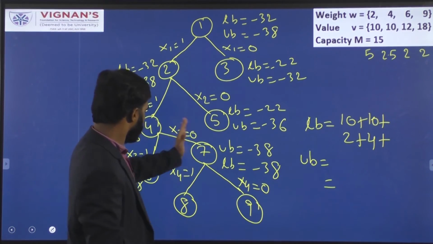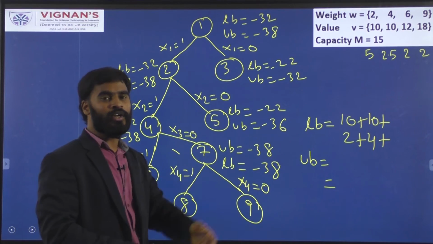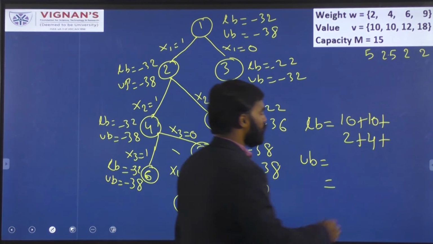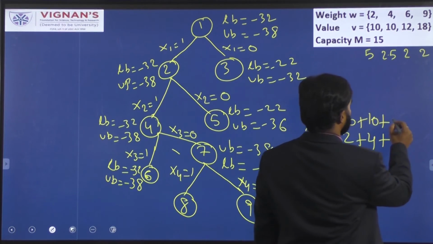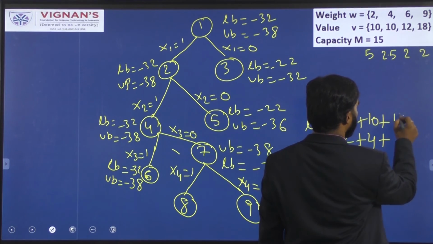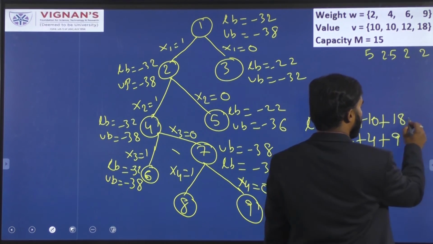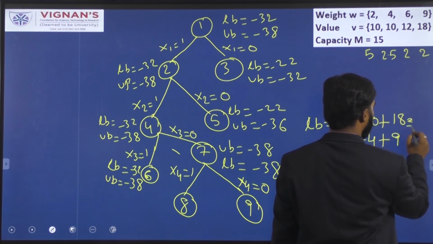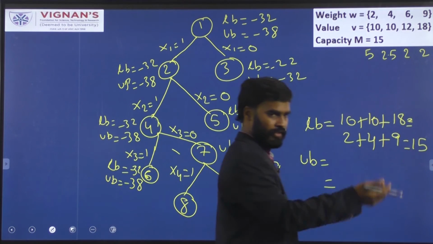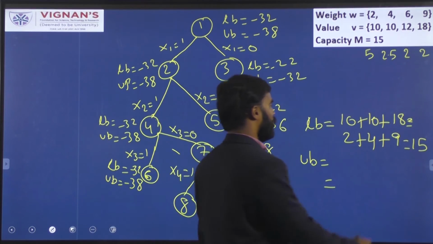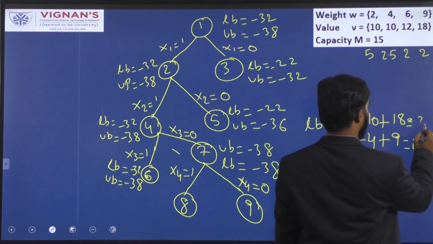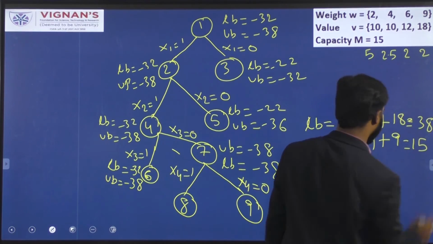Don't include item 3, but include item 4. Item 4 has value 18 and weight 9, and it is not beyond the capacity of the knapsack. The total weight is 15, not beyond the capacity. So the lower bound is 38.